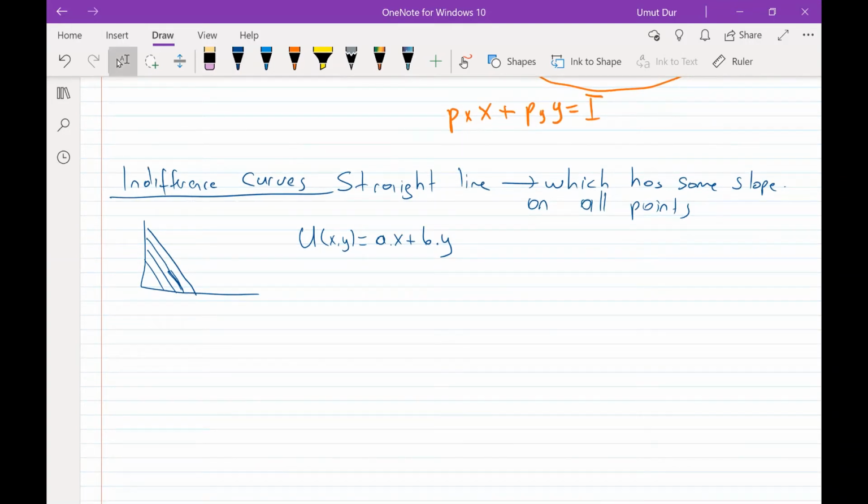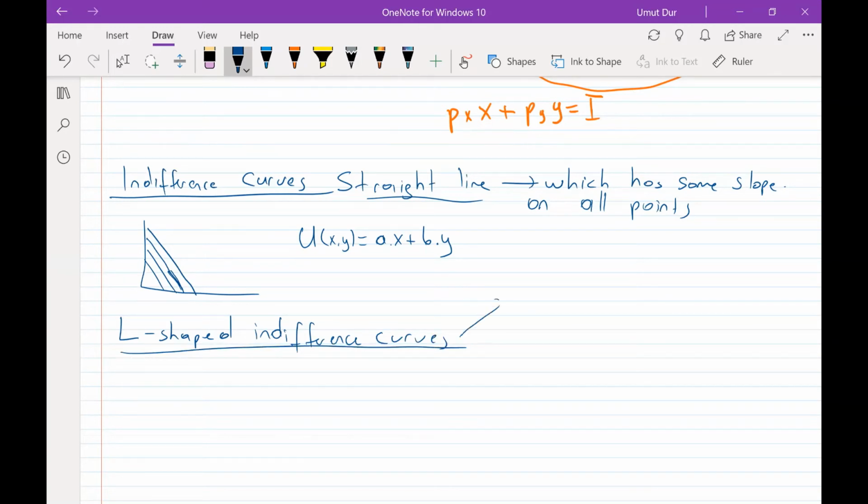The second one is the L shape indifference curves. Basically, they don't have any slope; I will explain it in a second.